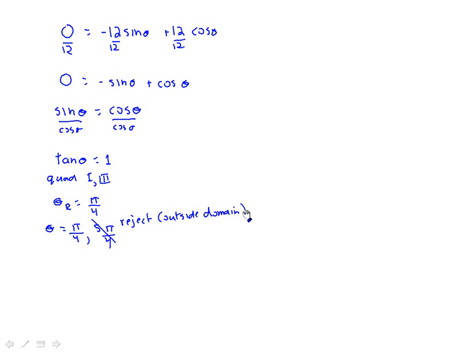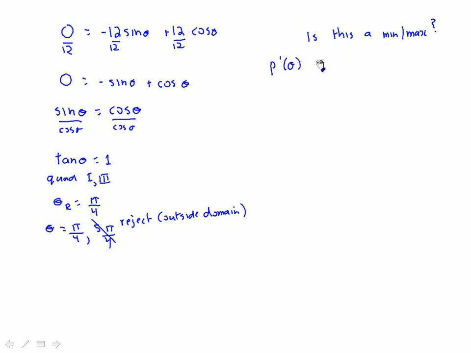Now, having done all that, we can take our answer. That's our critical number. We don't have to do any interval analysis on it. You could to see if it's a min or a max, but we could use the second derivative test. Now, in fact, of course, it's going to be a max, but I'll do it anyways.